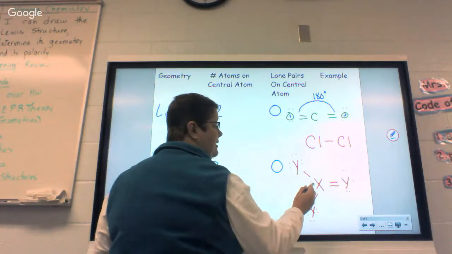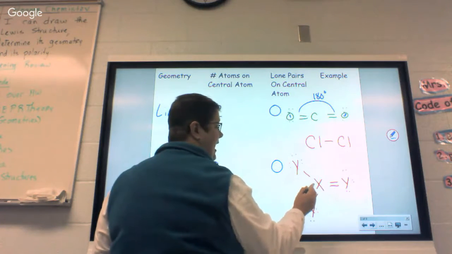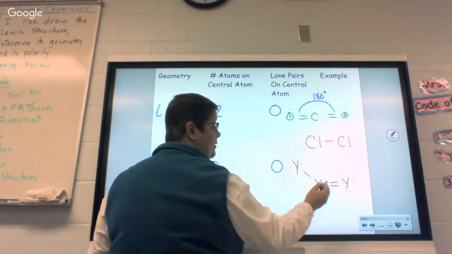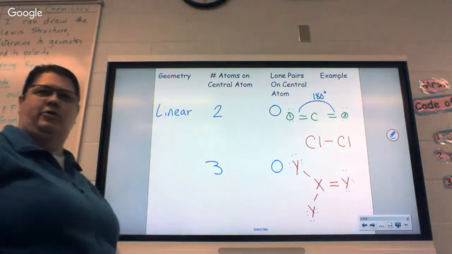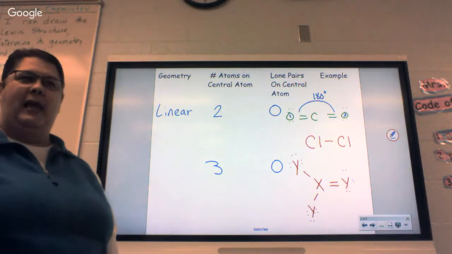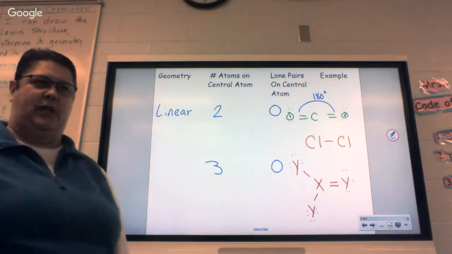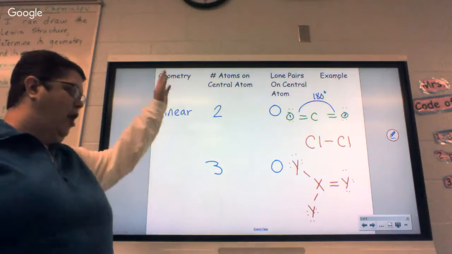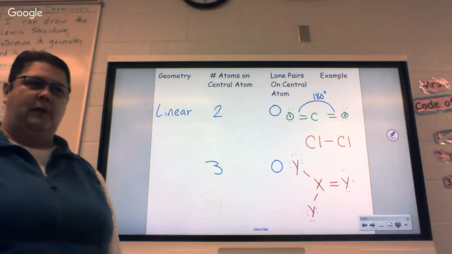The lone pairs are the dots. How many dots do you see on this X, which is our central atom? There are no dots, right? That's why there's no lone pairs. So on the X, how many lone pairs do you see? 0 lone pairs. Yes, I'm doing all the ones without lone pairs first.